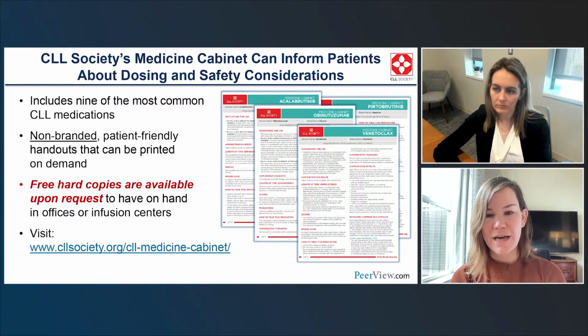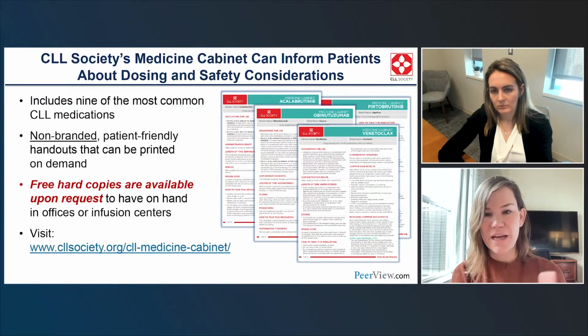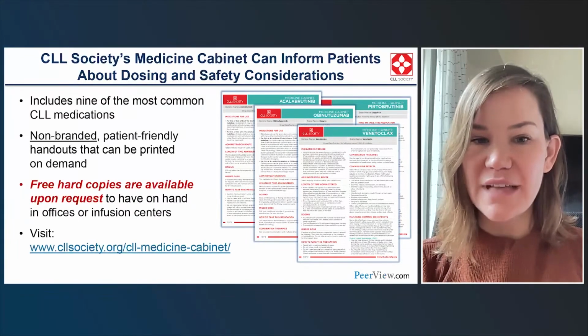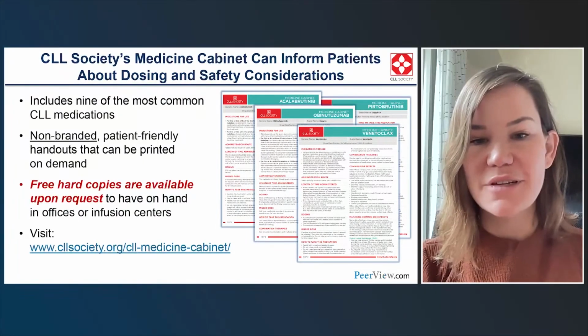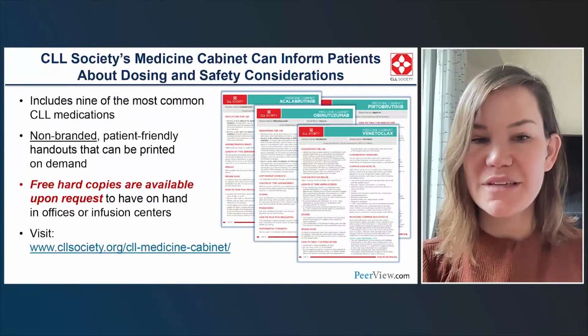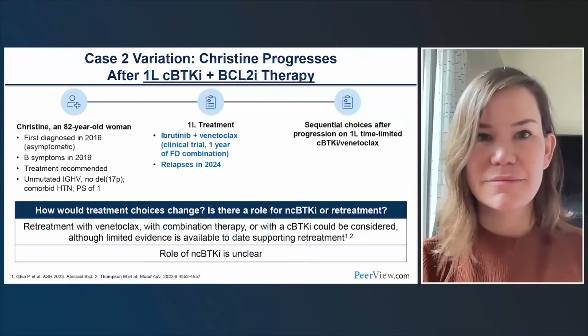I think it's a really good resource for patients, especially those treated in the community where these drugs aren't used with as great of regularity, or just for patients to educate themselves, which can often be very empowering. We have collected these CLL Society resources as a downloadable practice aid, which you can use as a reference after our program.